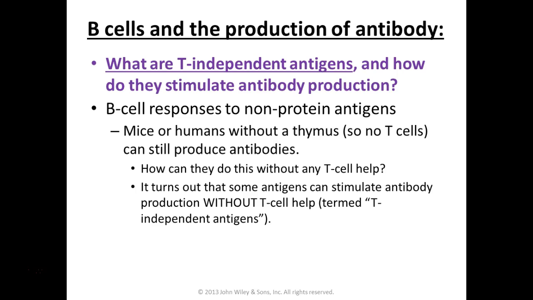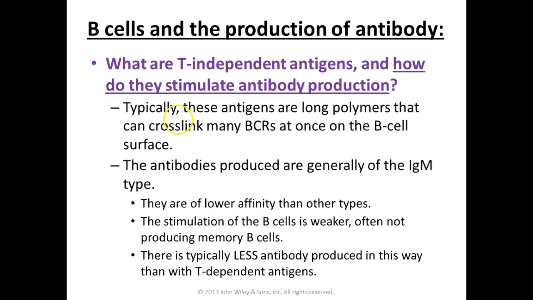So the next question is, how do they stimulate it then if we're not having B cells interact with T cells? How does this happen? So typically, these T-independent antigens are long polymers. What's a polymer? Anyone know?